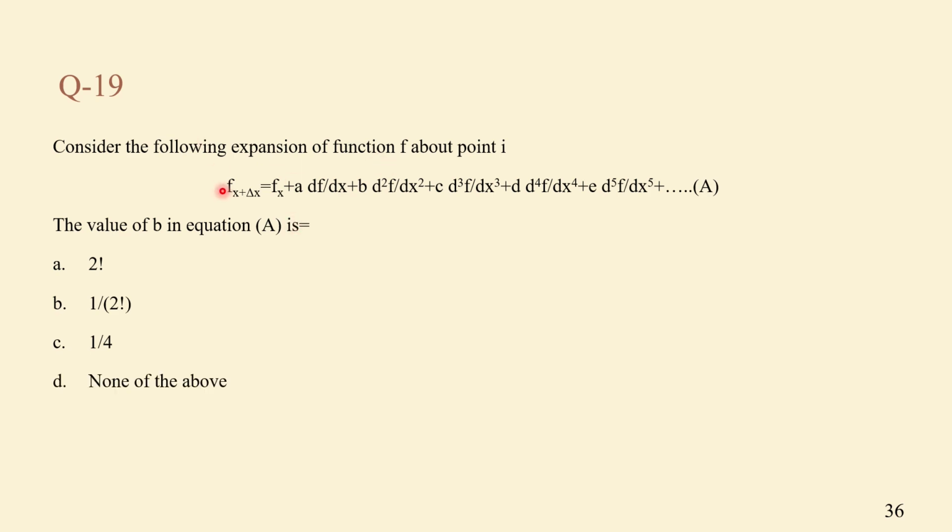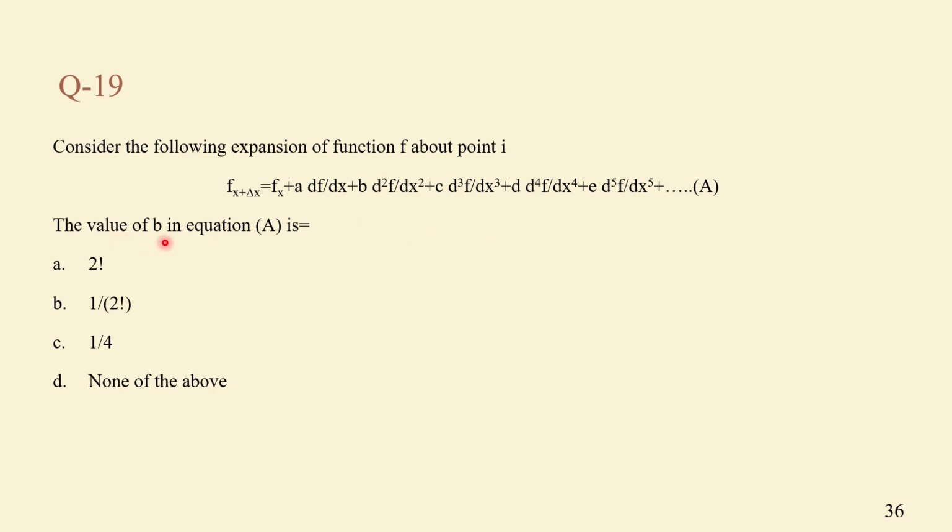So what is the answer? If we use the Taylor series expansion, we get f of x plus delta x is equal to f of x plus df by dx into delta x plus d square f by dx square into delta x square by 2 factorial.